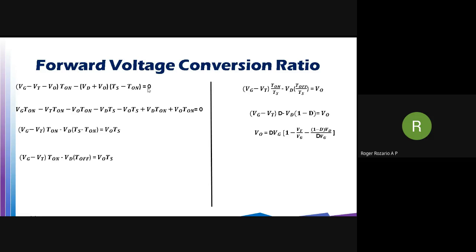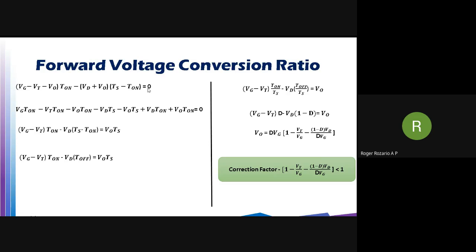So what are we expecting? We are expecting the ratio V0 by Vg. So what is V0 by Vg? It is D into the correction factor. The correction factor is nothing but 1 minus Vt by Vg minus 1 minus D into Vd by D Vg. So what will be the output voltage of this converter with the switch non-ideality?